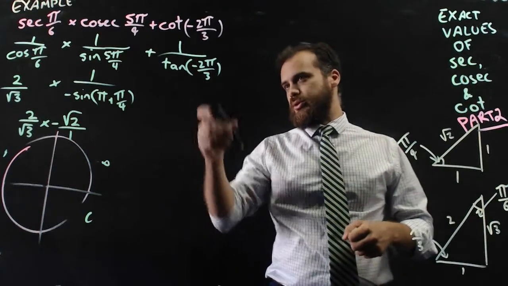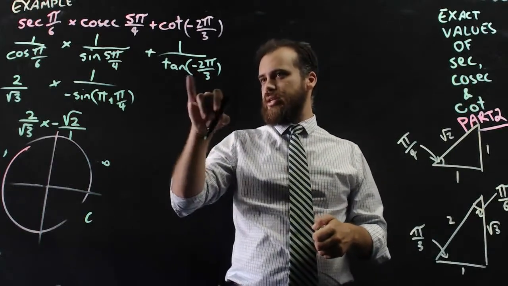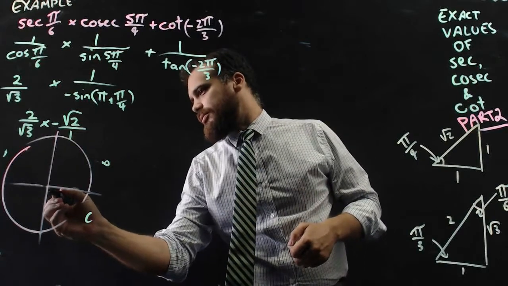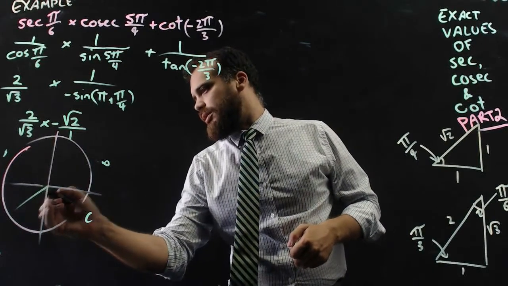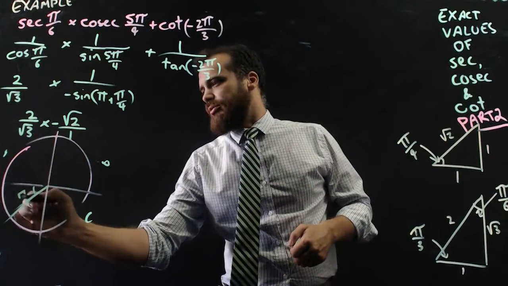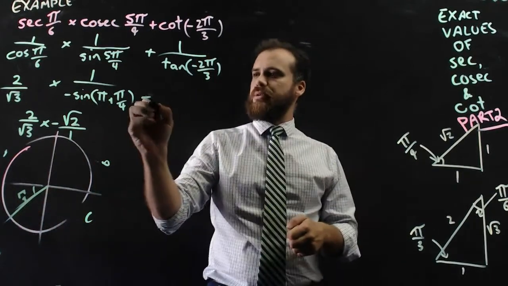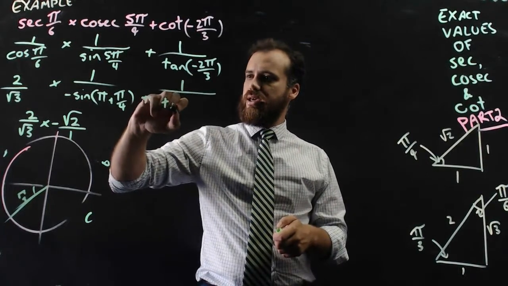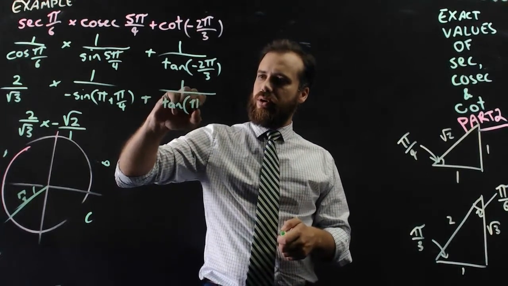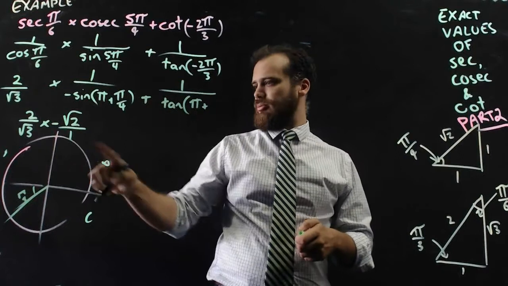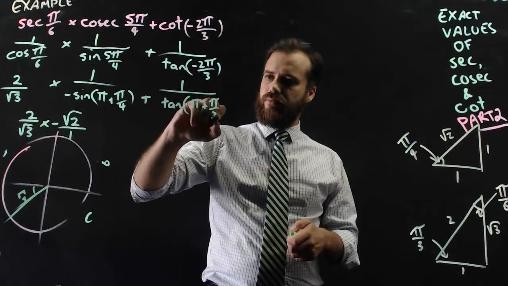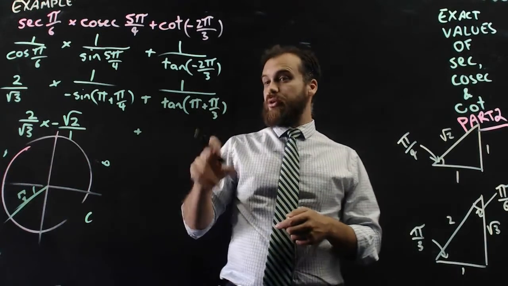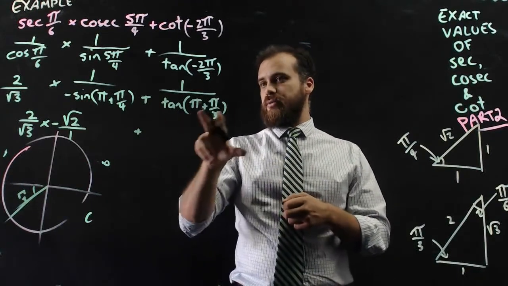And this next one is 1 on tan negative 2 pi on 3, pi on 3, 2 pi on 3, so it's in here somewhere. There we go. That's pi on 3. So that's the same as plus 1 on tan pi plus pi on 3, which is the same as 1 on tan pi on 3.